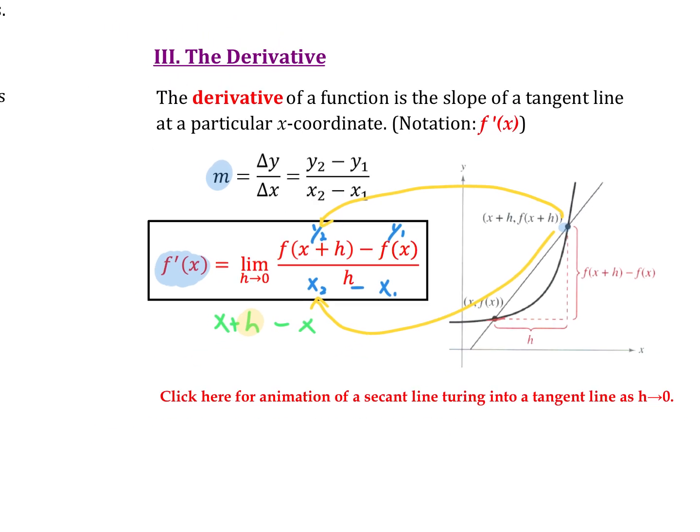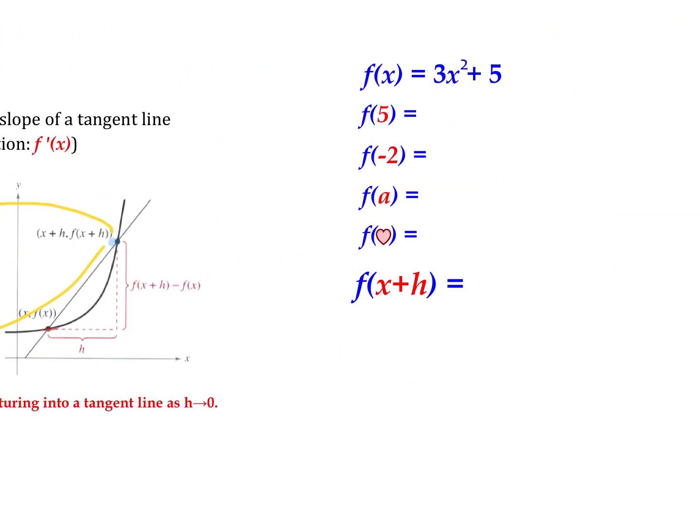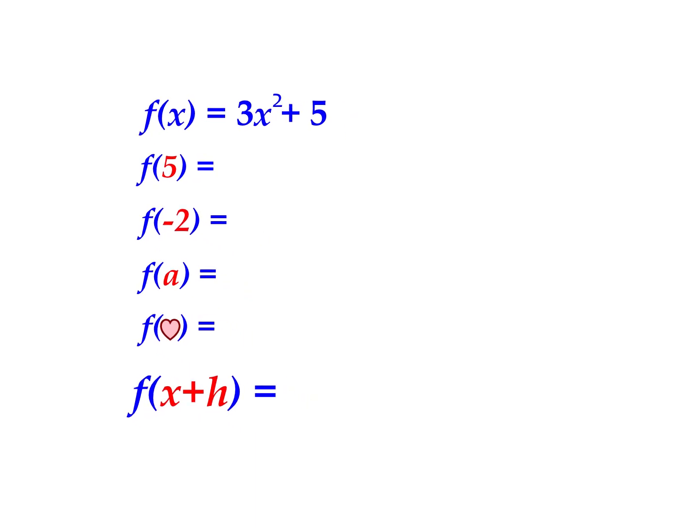All right, so now let's put this into work. Before we do that, we need to remind ourselves how function notation works. Whatever you have in the parentheses for that function notation gets plugged in for x. So f of 5 is going to be 3 times 5 squared plus 5. f of negative 2 would be 3 times negative 2 squared plus 5.